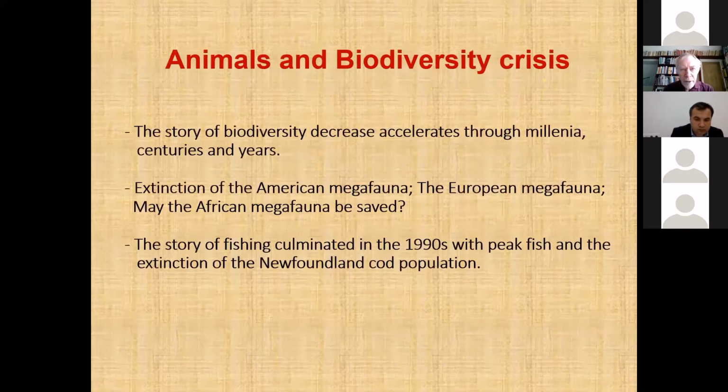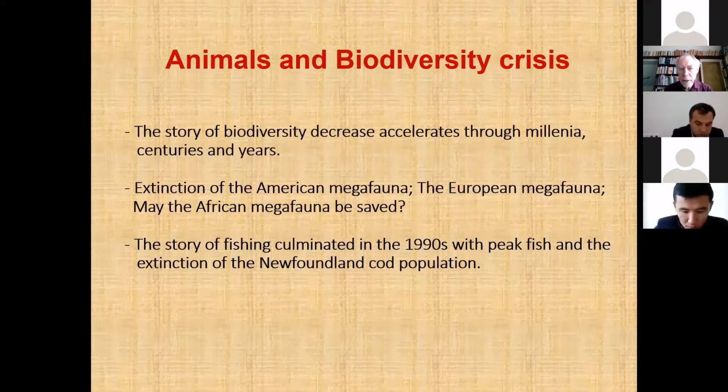And then we have animals and biodiversity. There's a crisis when it comes to the decreasing biodiversity since very long. And it has been accelerating for thousands of years. You may not know, but also in North America, there was a megafauna, huge animals. This is not there any longer, if you don't perhaps count the pumas or something.